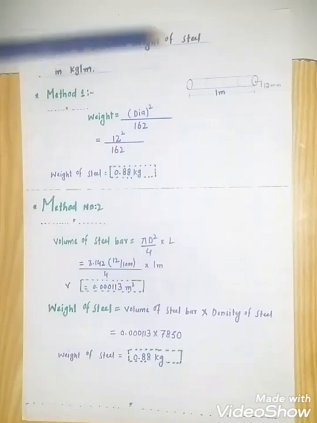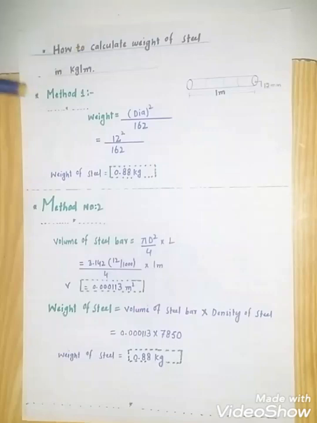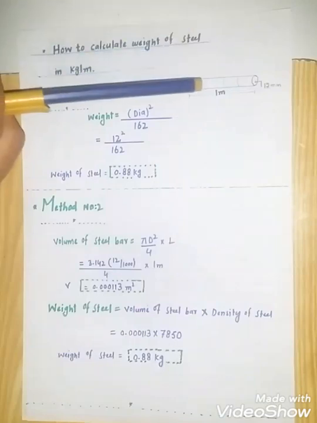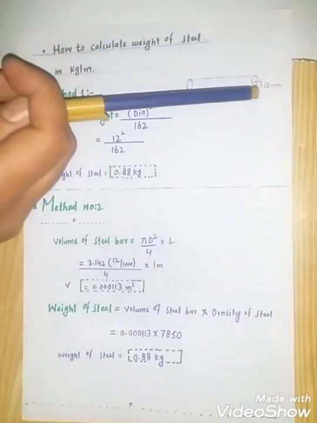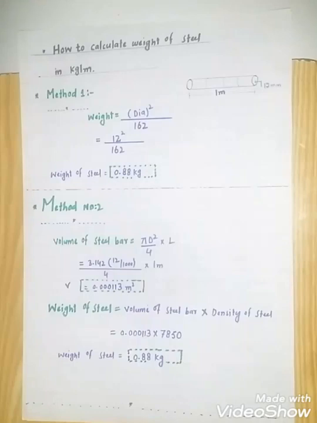Now explain the second part of this lecture. How to calculate weight of steel in kg per meter. Now start method number one. The length of the bar is 1 meter and dia bar is 12 millimeter. Formula used for finding the weight of steel bar: weight is equal to dia square divided by 162.